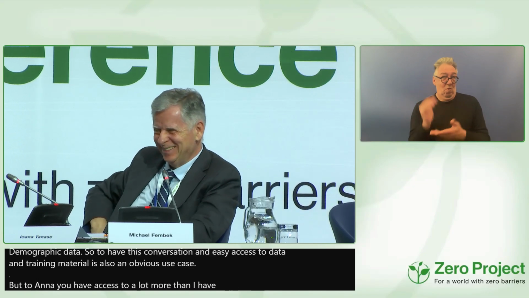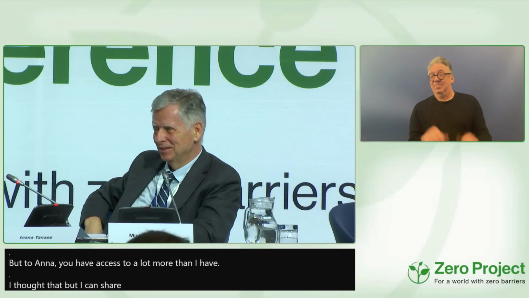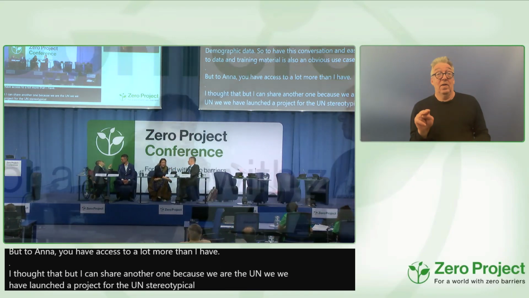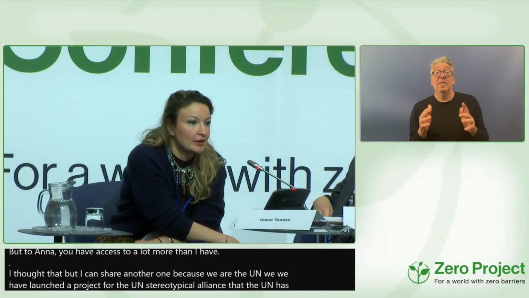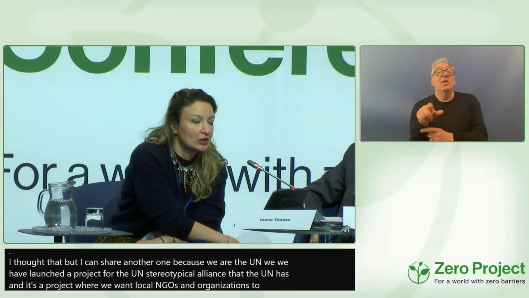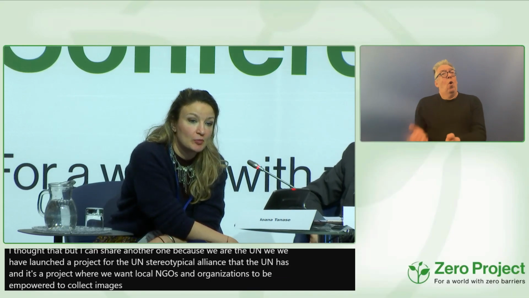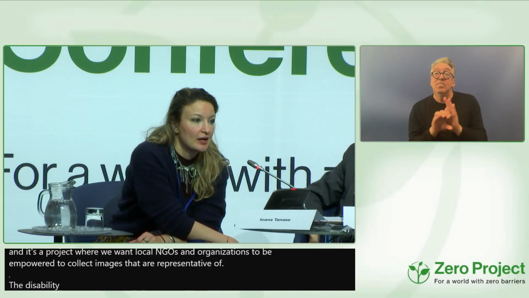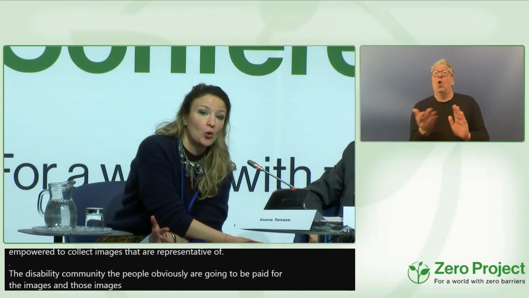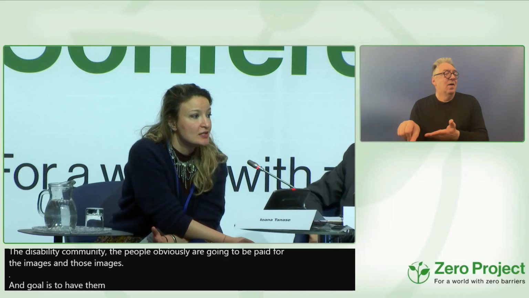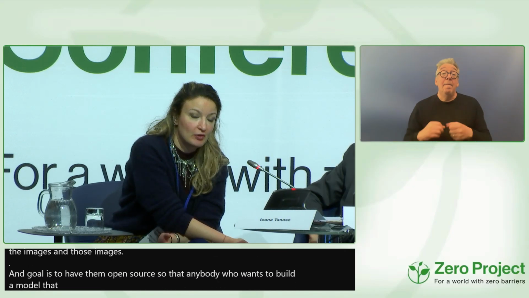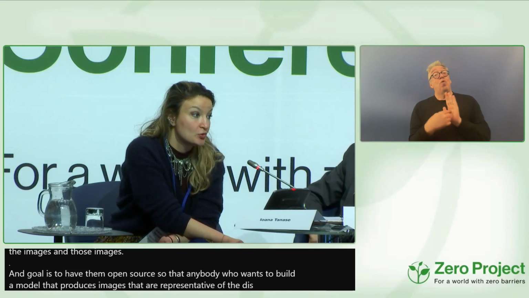I doubt that, but I can share another one because we are the UN. We have launched a project through the Unstereotypical Alliance that the UN has, where we want local NGOs and organizations to be empowered to collect images that are representative of the disability community. The people are going to be paid for the images, and the end goal is to have them open source so that anybody who wants to build a model that produces images representative of the disability experience can do so.